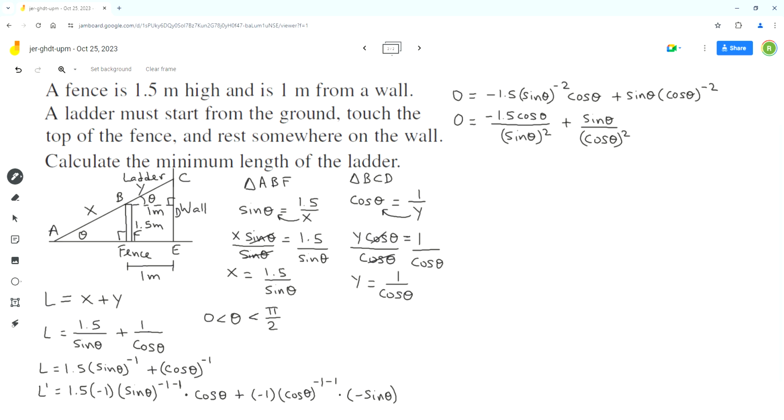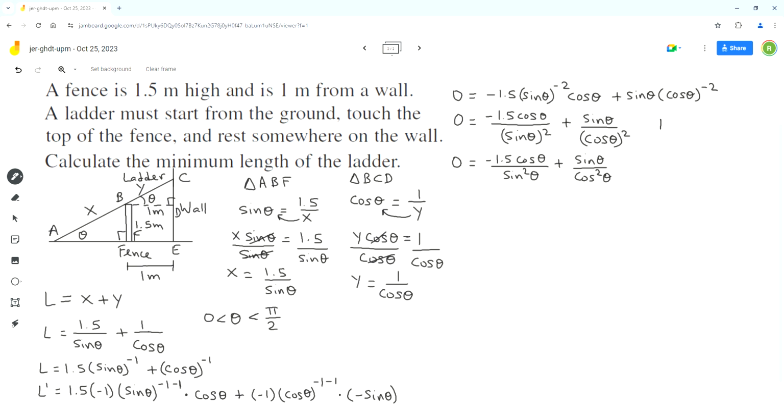Now sine theta square can also be written as sine square theta. Similarly, cos theta square can also be written as cos square theta. Next, we can move the fraction negative 1.5 cos theta over sine square theta to the left side, and that will make this fraction positive.